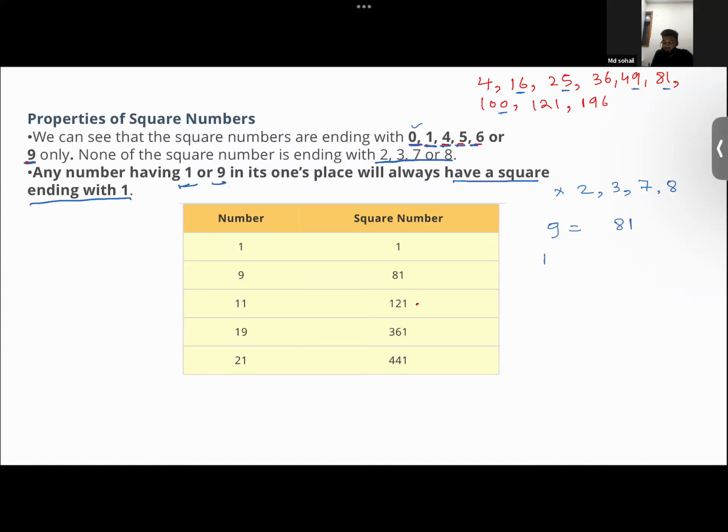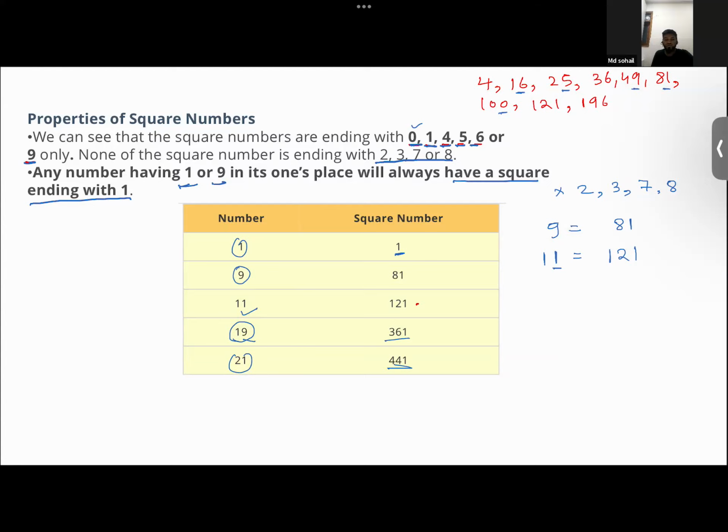Let's say we have a number ending with 1, the square of 11 is 121. Similarly, the square of 19 is 361 and of 21 is 441. Notice the unit place of all these numbers is either 1 or 9. So we see their squares also end with 1.